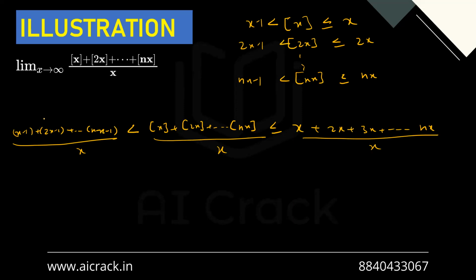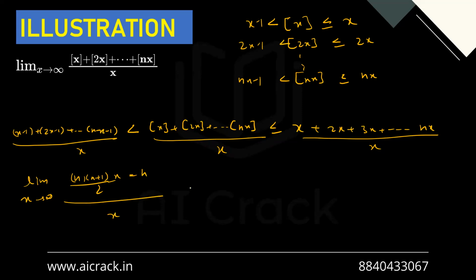Now if we take the limit over here, for this it would become the limit as x approaches infinity of x plus 2x plus till nx, so that would become n into n plus 1 by 2 times x, because that is sigma nx. And we have n times minus 1, so minus n, whole divided by x.